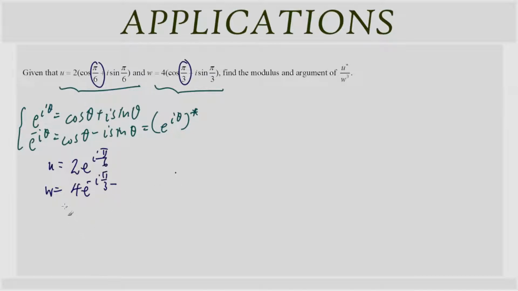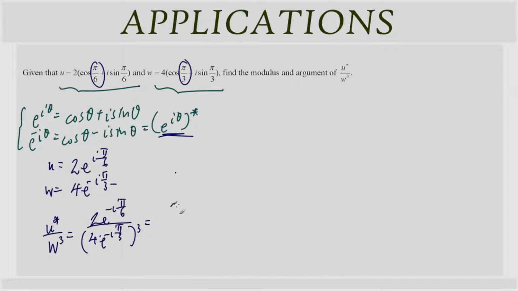And that makes things really easy because we have u conjugate over w to the power of 3 is equal to 2e to the power of negative i pi over 6, the conjugate of e to the i theta, over 4e to the power of negative i pi over 3, whole thing to the power of 3.